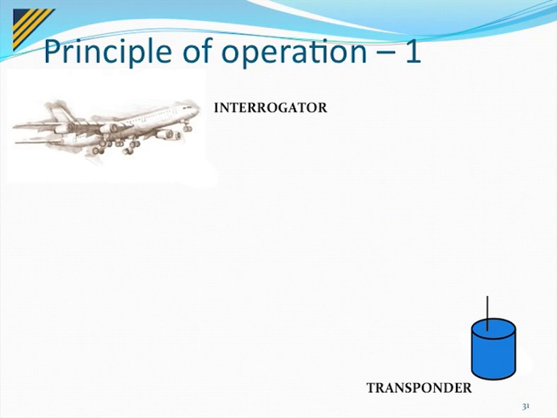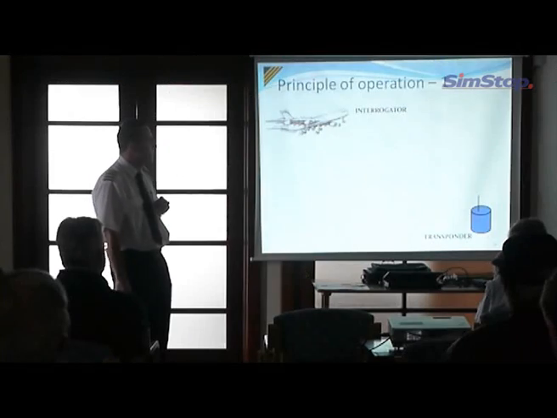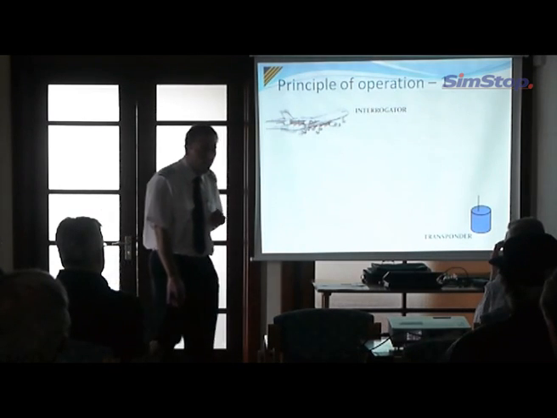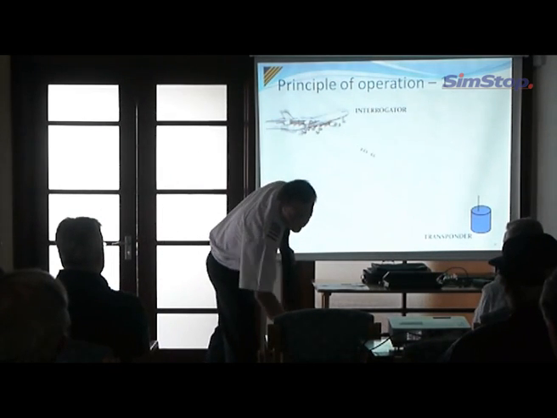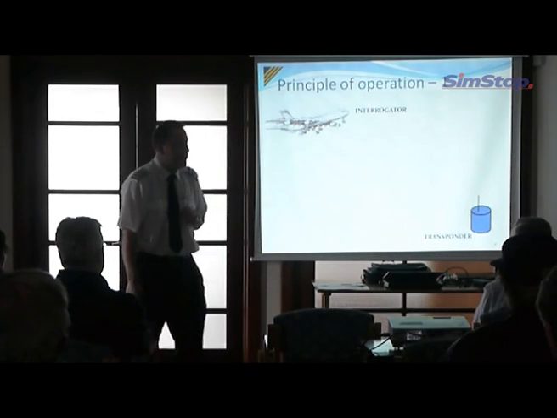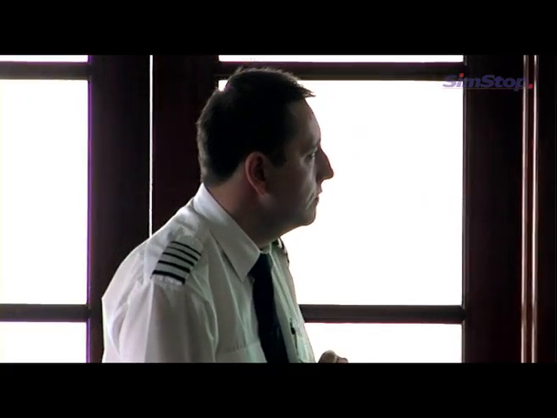The principle of operation then is that the aircraft contains an interrogator which will send out pulses of radio energy which will be picked up by a ground transponder. And what will happen is that the aircraft will send out these pulses of energy in pairs at a random frequency.